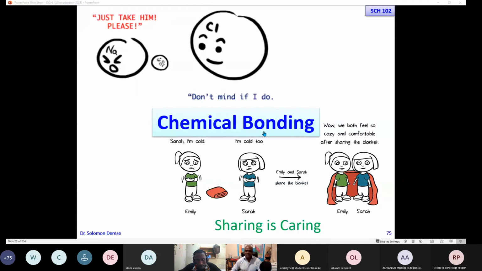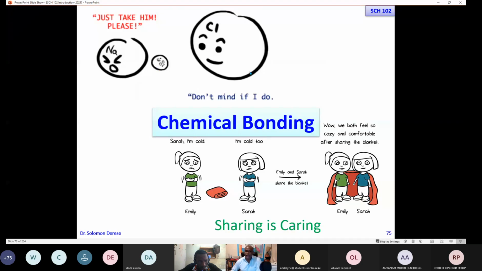Okay, so let me continue. At the end of the day, the electron from sodium will be transferred from the sodium to the chlorine. The sodium will lose its electron, chlorine will gain an electron.